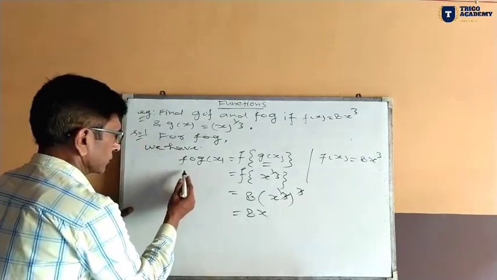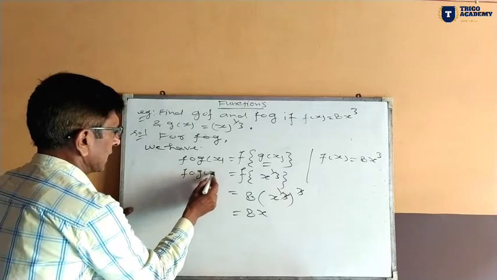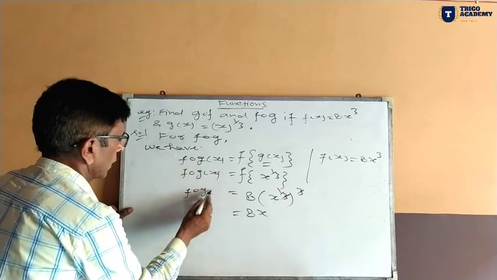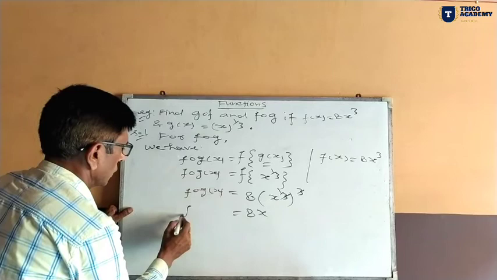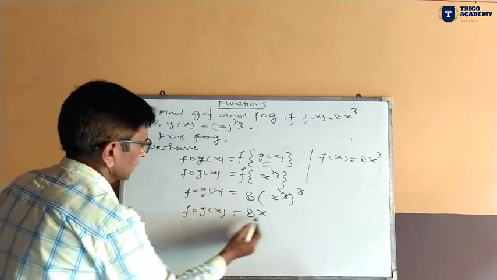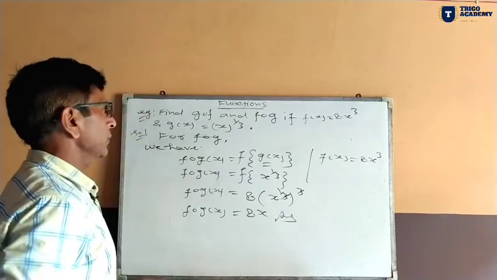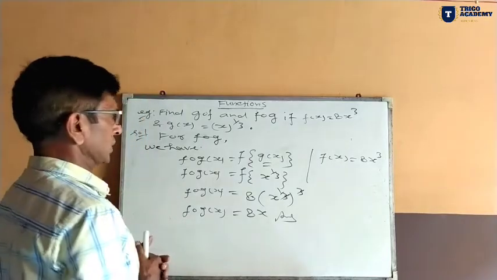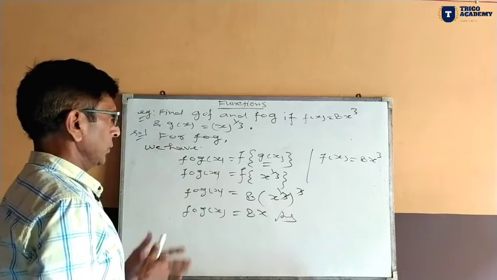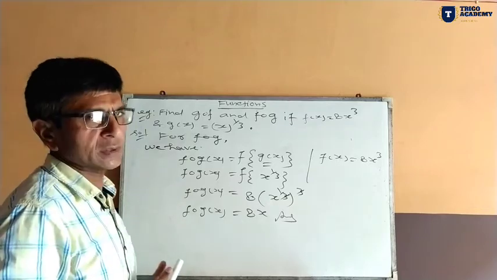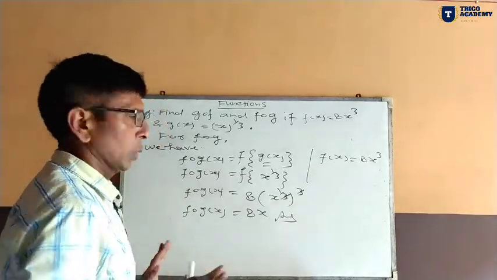So this way fog(x) will be equal to 8x. So this way we can find the values of fog and gof, which are compositions of two functions f and g. Okay, it is clear.